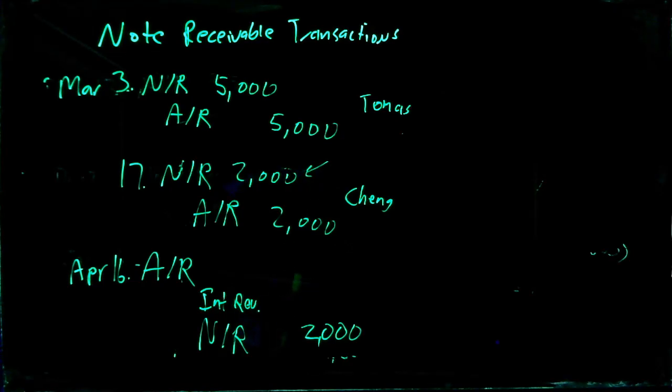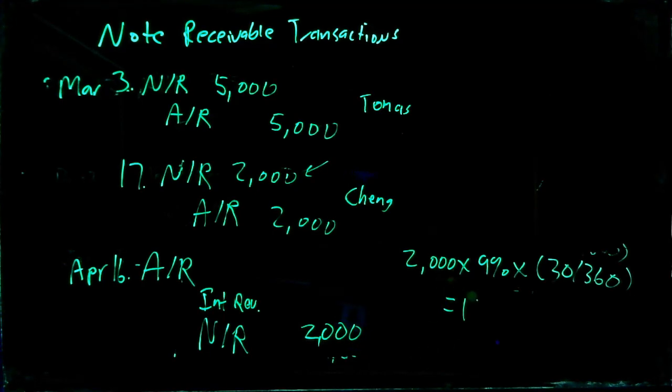Now we're going to calculate what interest would have been on the note. So if we take our $2,000, our interest rate on Chang's note is 9%, and we multiply that by 30 days over 360, we get interest of $15.